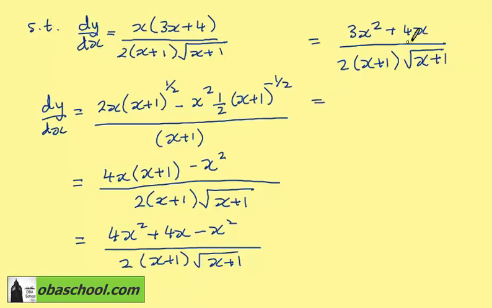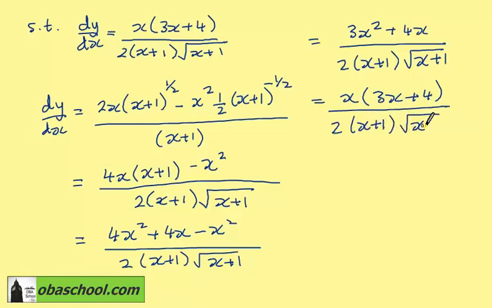Then just factorizing this gives us x(3x + 4) over 2(x + 1) root x plus 1 as required.